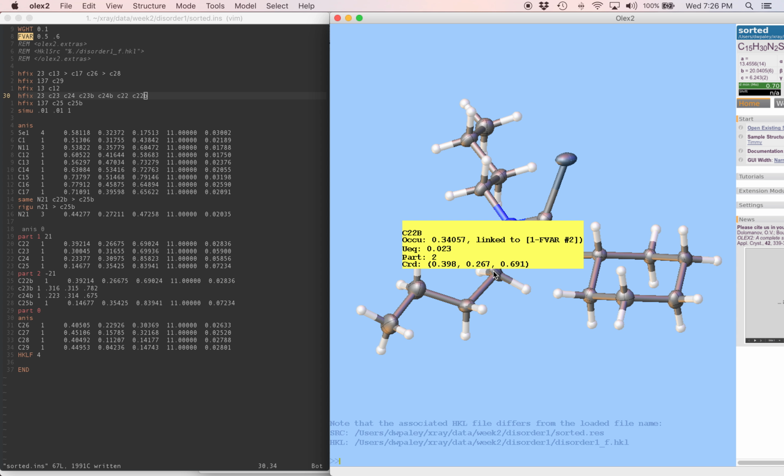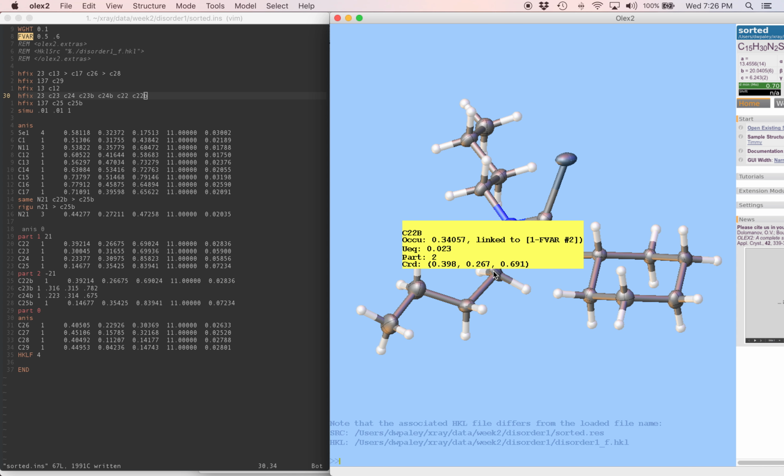So it's not such a big surprise that it's a little weird here. Okay, I think we've got very reasonable geometry in the major part of the disorder. We've got not totally crazy geometry in the minor part of the disorder. Sometimes that's the best you're going to do. Even under the best circumstances, a disorder is going to come with a little bit less accurate knowledge of the geometric parameters in that part of the model.